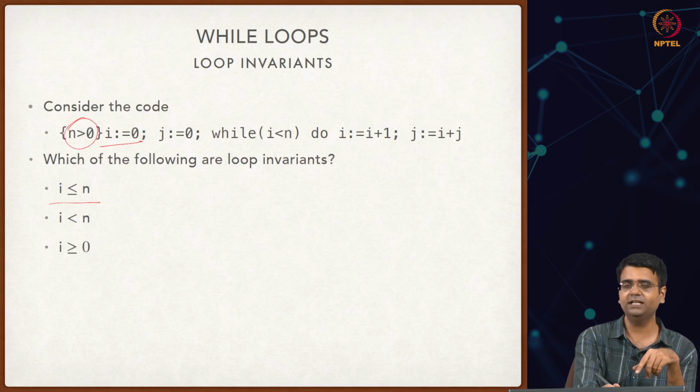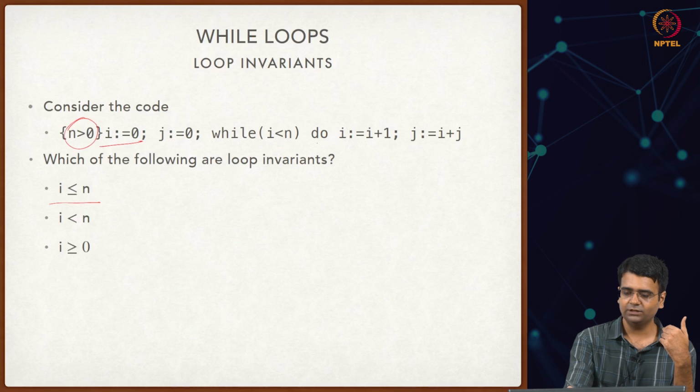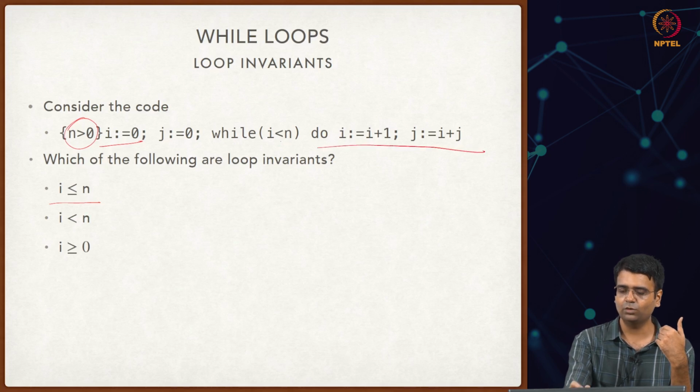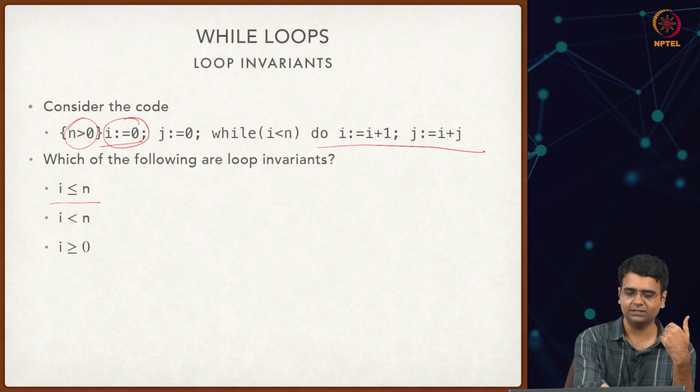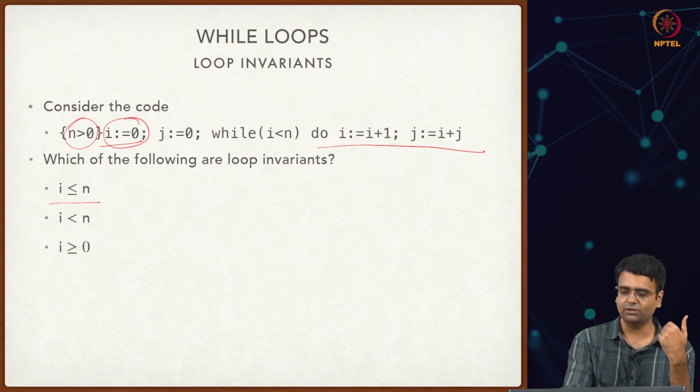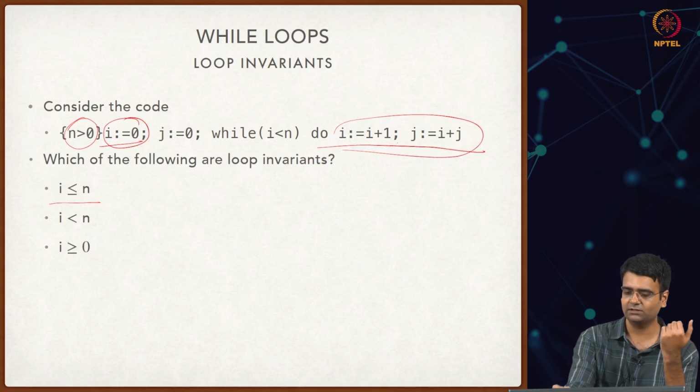Does it hold at the end of every iteration of the loop? We know that this loop is going to execute only if the value of i is less than n. So if i is less than n and you do i equal to i plus 1, then after executing the body of the loop, you are guaranteed that the value of i is going to be less than or equal to n.